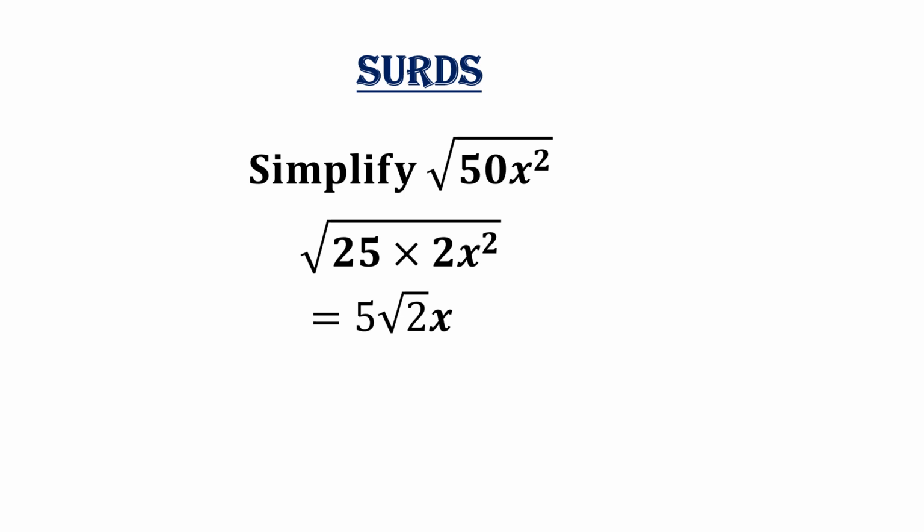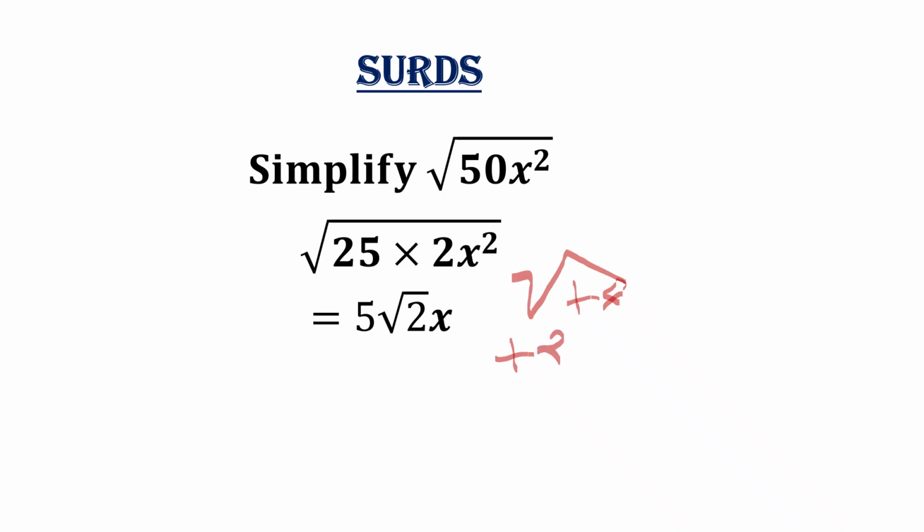Here, I need to just quickly show you something. If you do have, for example, root x to the power of 4, whenever we are dealing with the root, just halve the power. So it's just going to be x squared. Half of 4 is 2.